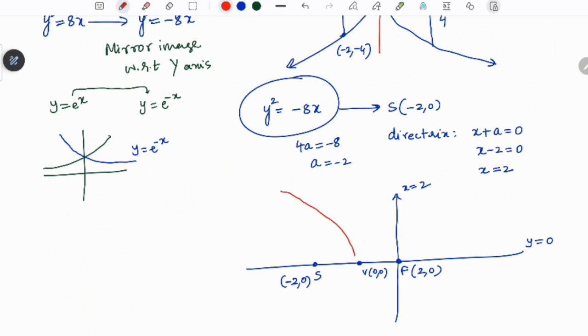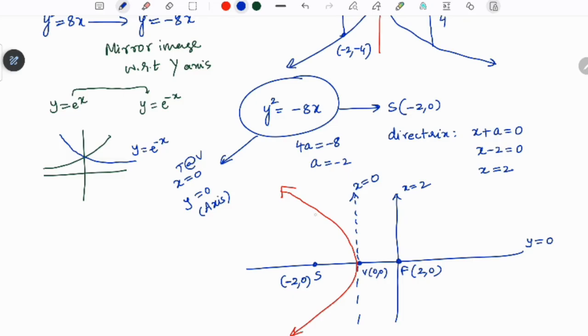So the parabola will be like this. What is the tangent at vertex? That is x equals 0. So what is it that you are not squaring? That is x equals 0. This will be the tangent at vertex. What is it that you are squaring? That would be the axis.